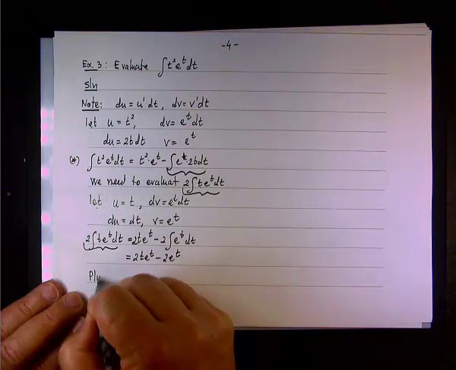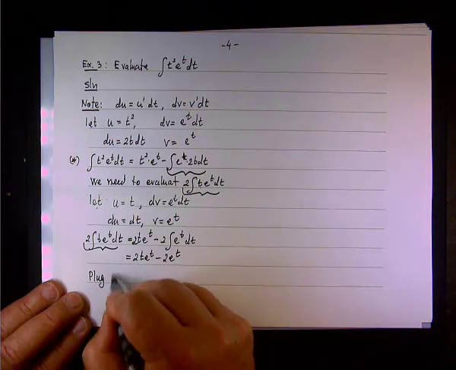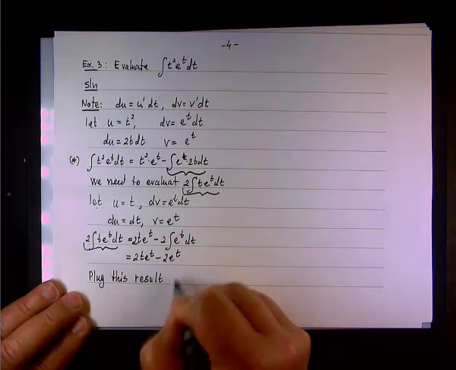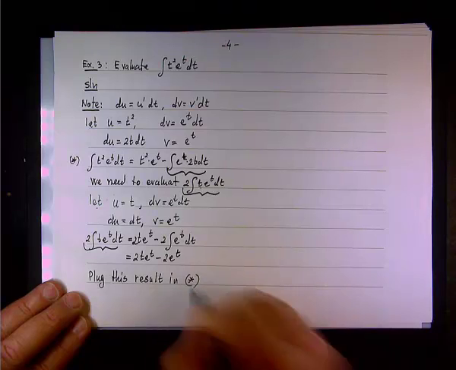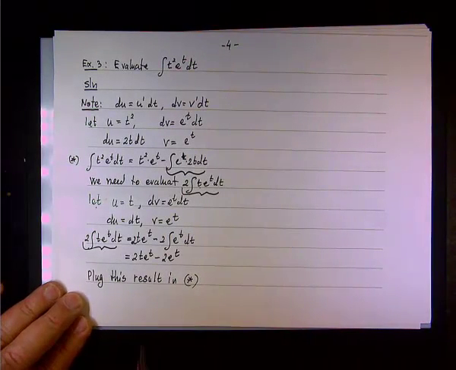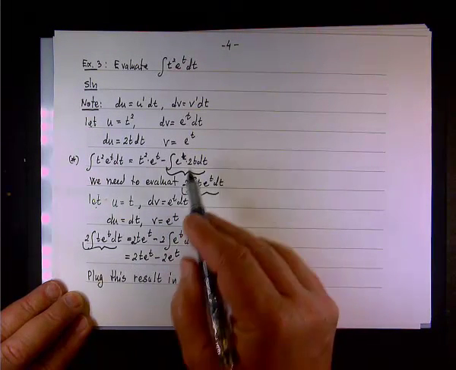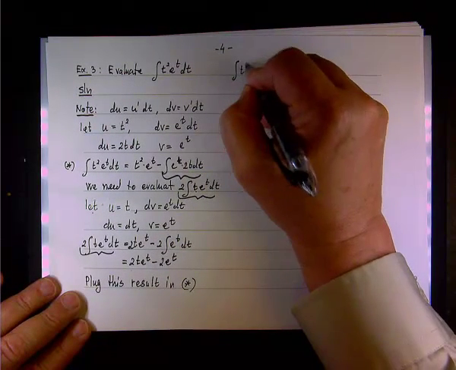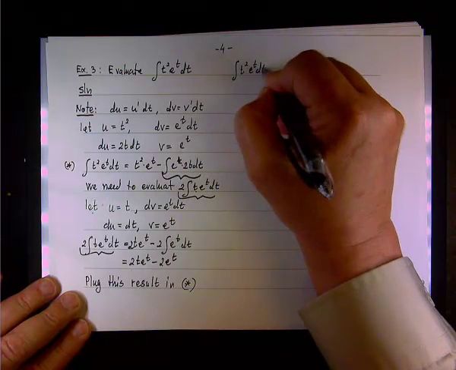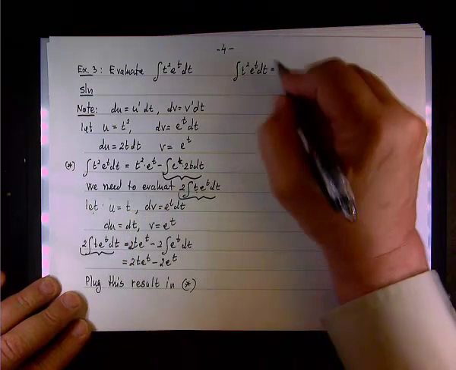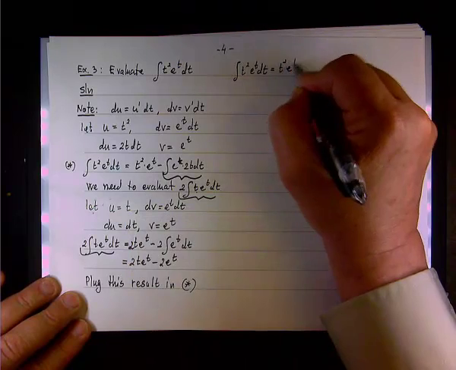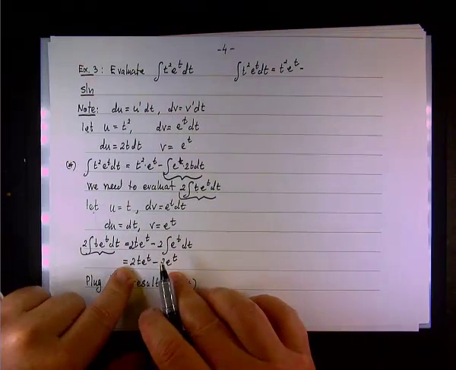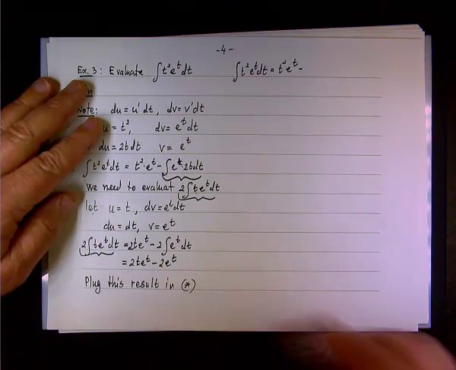Okay, so we plug this result in the equation that I marked with the star. So go back and substitute this with that, and we end up having the integral that we started with, t squared e to the t dt. We had t squared times e to the t, and then minus this result.